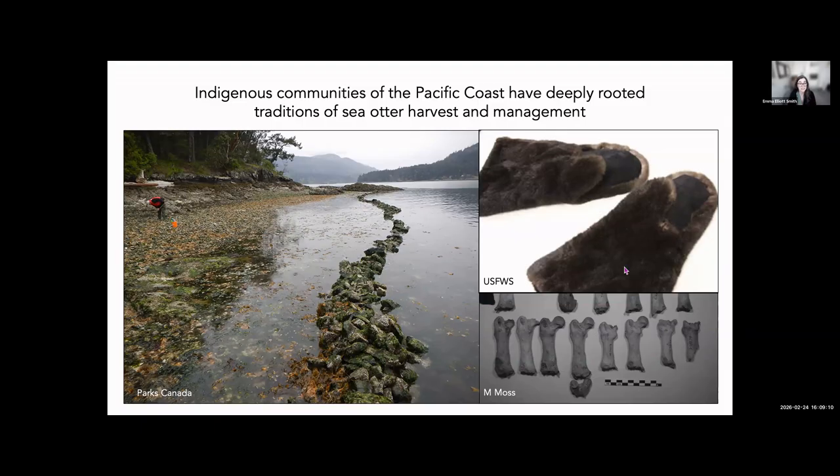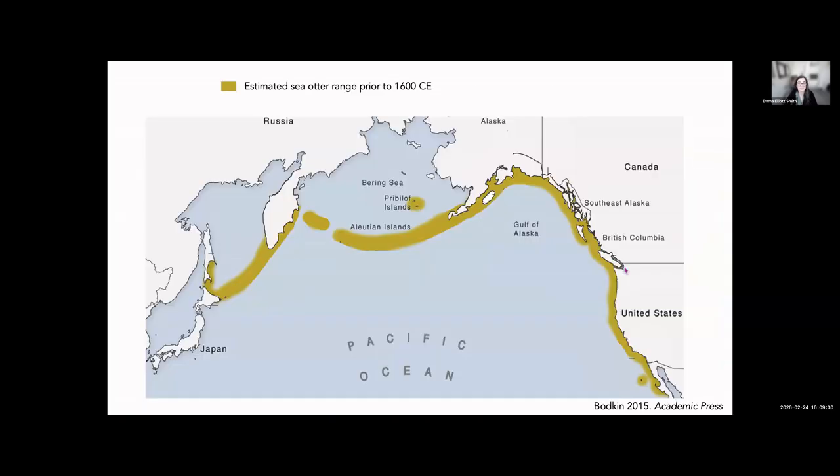These traditions continue today and are part of a broader system of stewardship that ties people, animals, and coastal habitats together. Sea otters were and are hunted for their dense and valuable pelts, and also in areas near village sites, they're hunted to keep them away from disturbing nearshore clam and shellfish gardens.